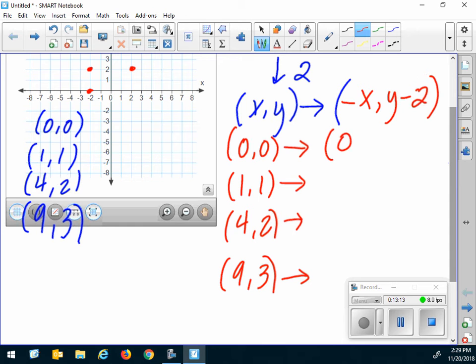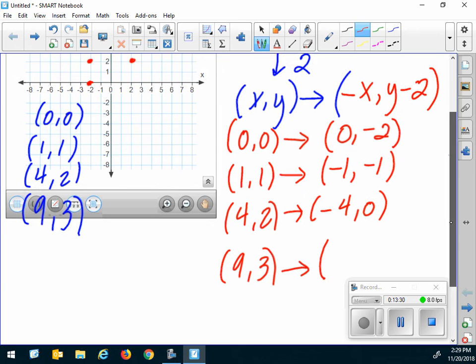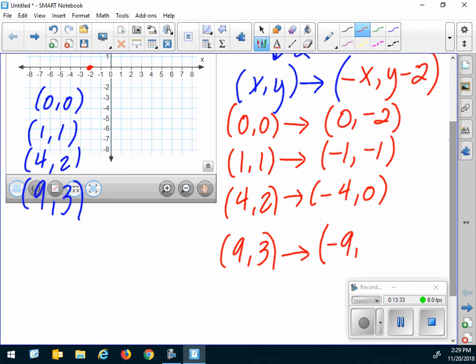Opposite of 0 is 0, and 0 minus 2. Opposite of 1, and then 1 minus 2. Opposite of 4, and 2 minus 2. Opposite of 9, and then 3 minus 2.